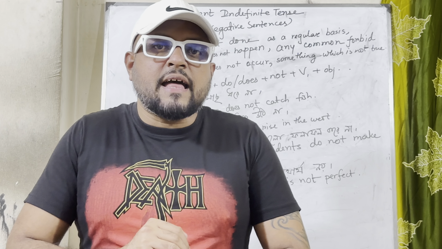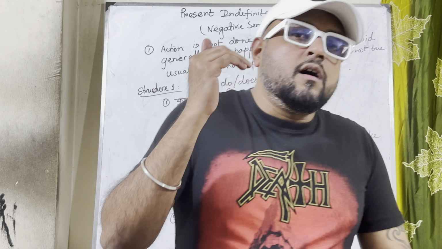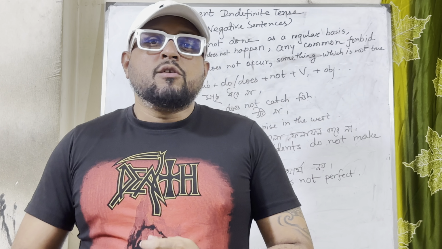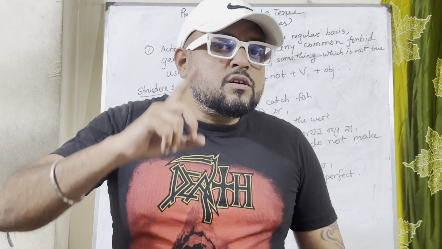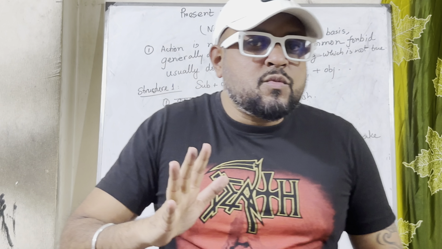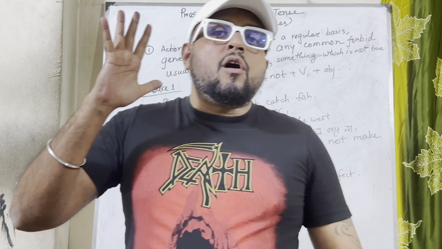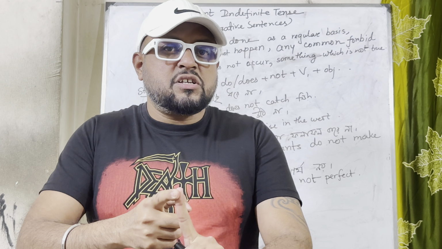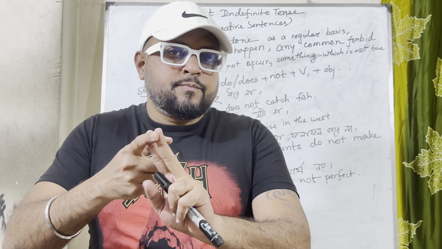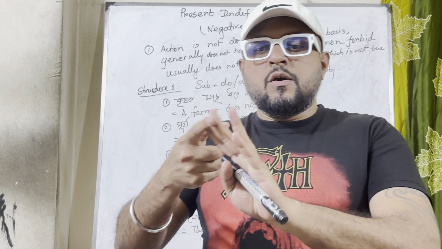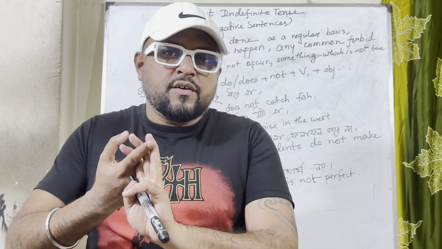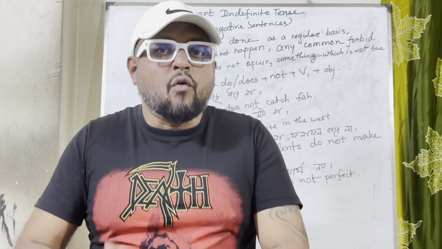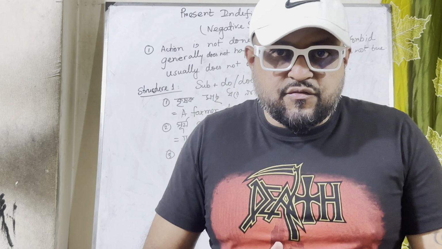And remember one thing, that whenever you learn a new tense, you need to learn maximum 5 or 4 structures: 1 affirmative, 2 negative, 3 interrogative, and number 4 passive.